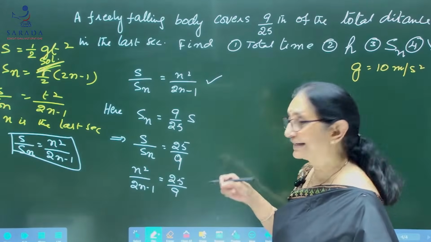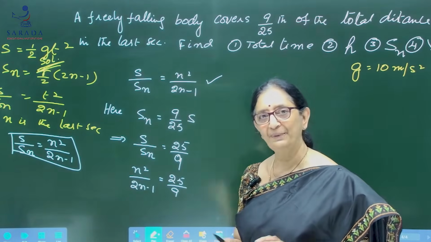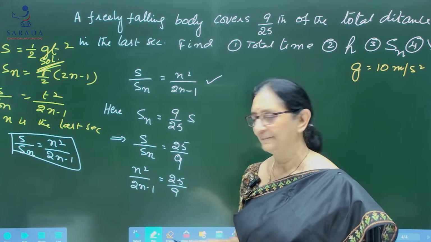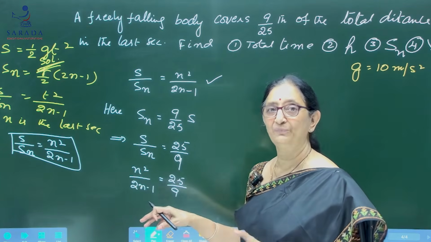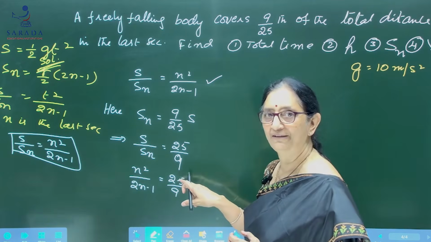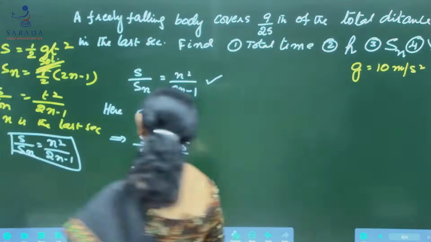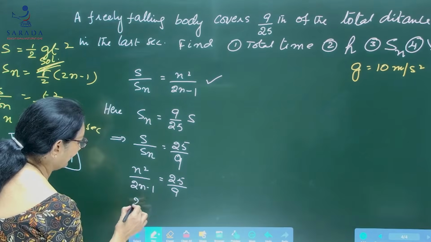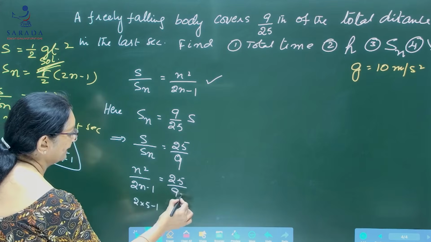But let us take a trial solution. Look here very carefully. You need not apply cross multiplication, nothing. We are just taking a trial solution. If it works out, we can save a lot of time. n square is 25. What is n? n is equal to 5. Suppose if you substitute n as 5 here, 2 into 5 minus 1, 10 minus 1, 9.